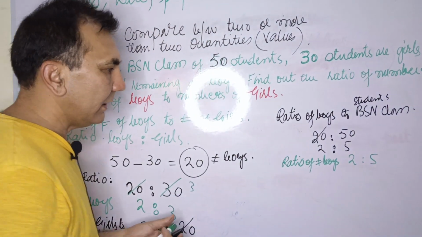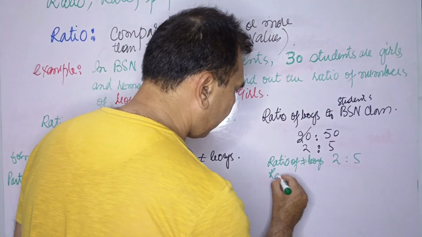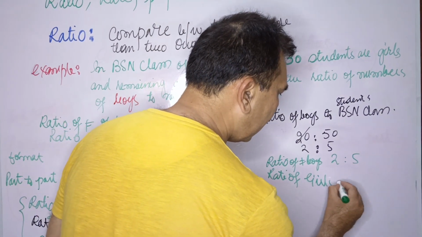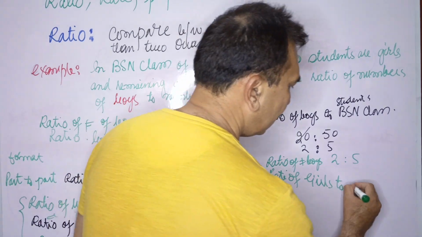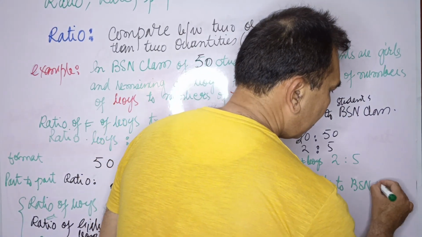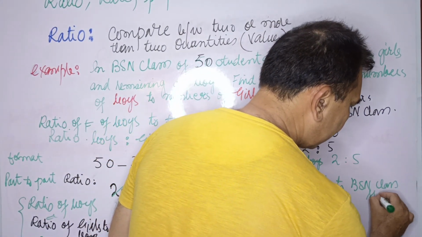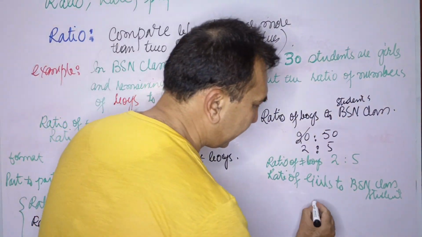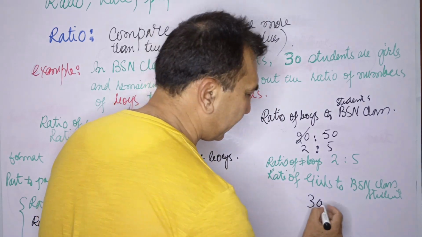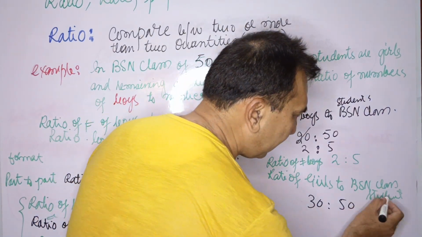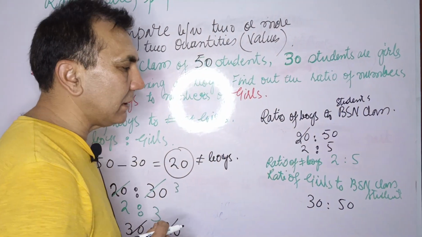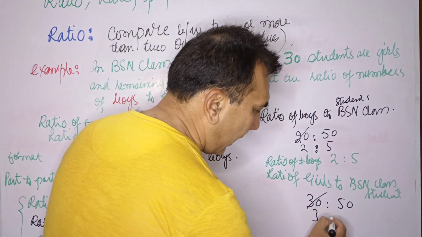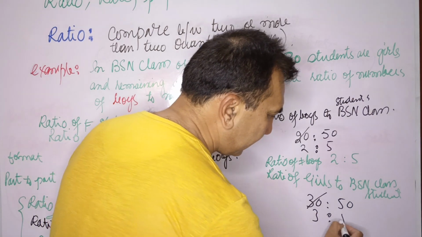Now if I ask the ratio of the number of girls to the BSN class students, as we earlier know, the total number of girls is 30 and the total number of students in the BSN class is 50. Again divide by the highest number, 10, and it is 3 to 5.